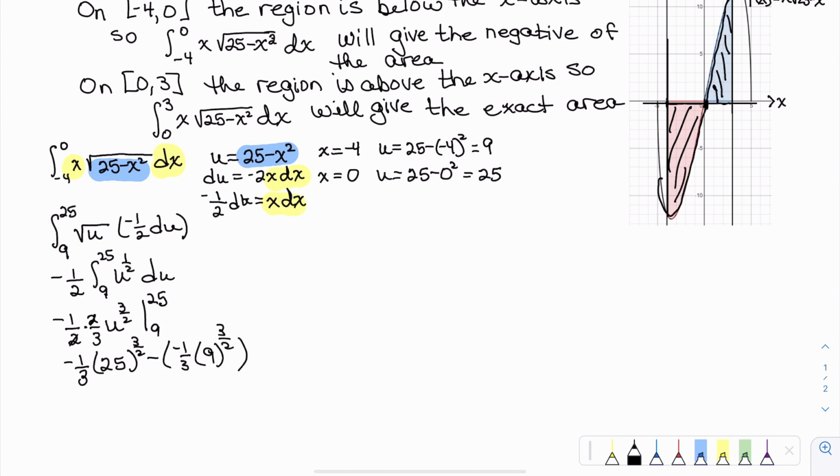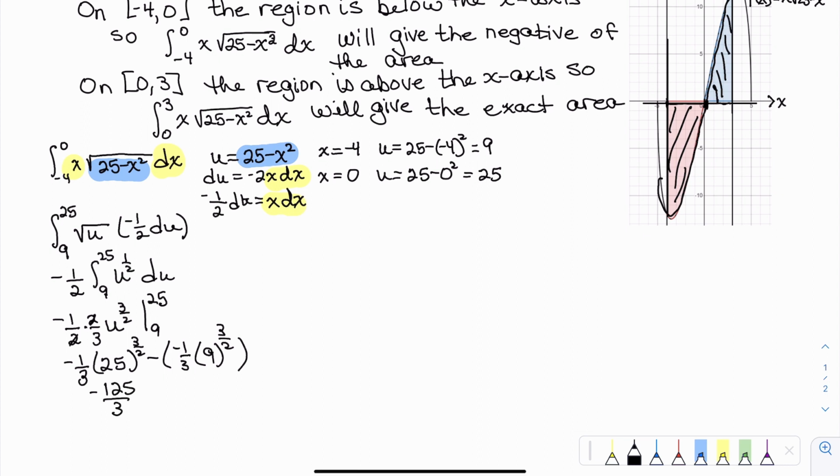Now remember, when you're working with fractional exponents, the denominator of the fractional exponent is the root and the numerator is the exponent. So the denominator of my fractional exponent is 2, so that's square root. Square root of 25 is 5, and 5 cubed is 125. So negative 1/3 times 125 is a negative 125 thirds.